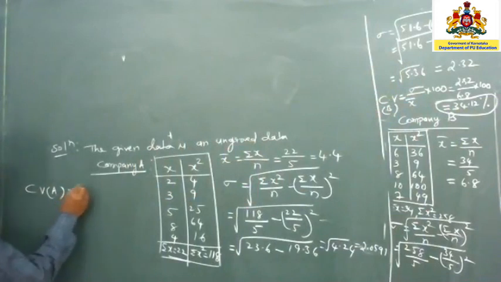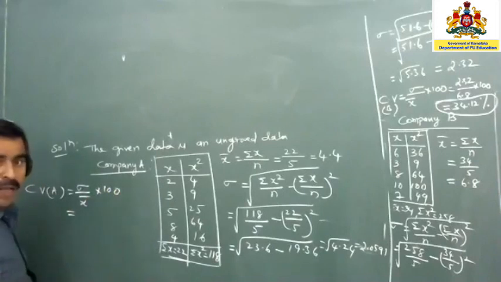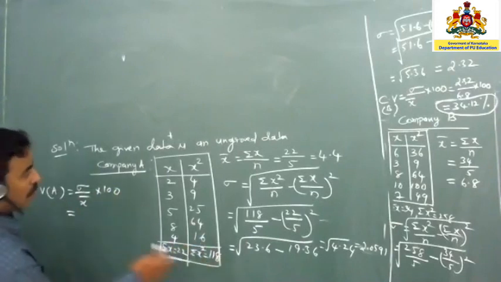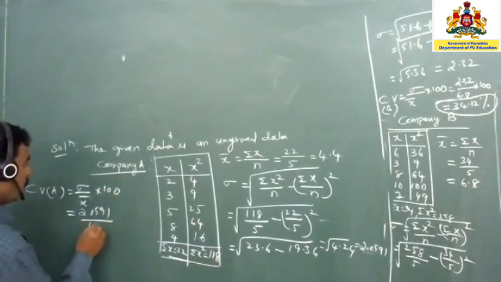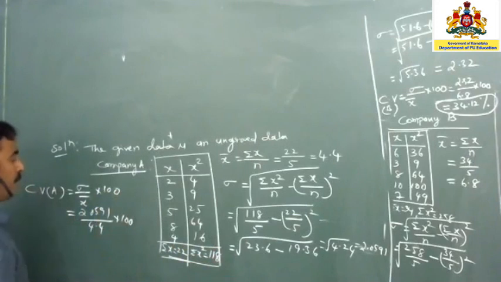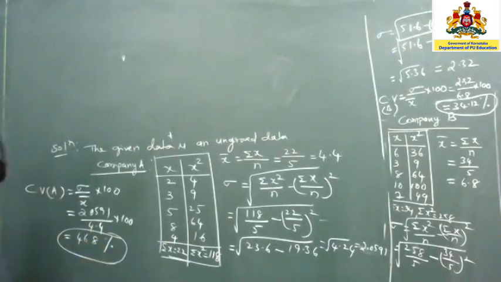CV of A is sigma by x bar into 100, where sigma is 2.0591 and x bar is 4.4, into 100, which is equal to 46.8%. It is the answer, 46.8%.